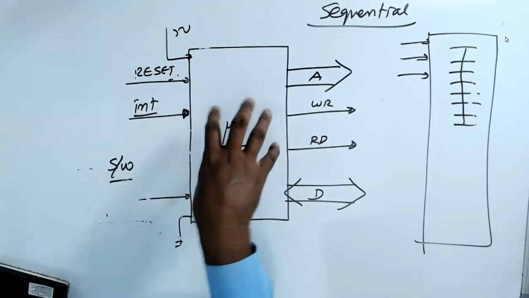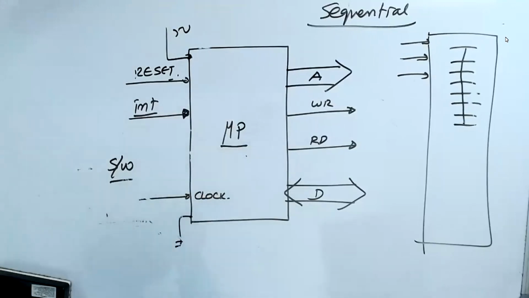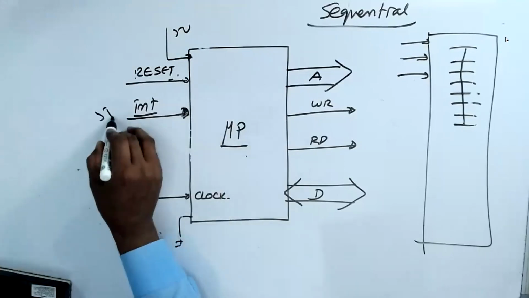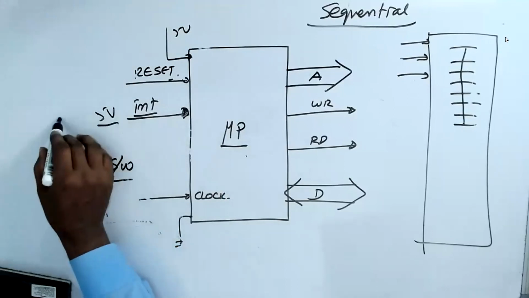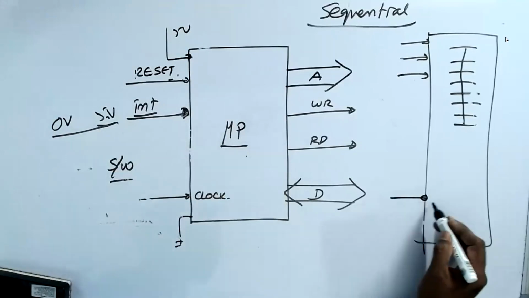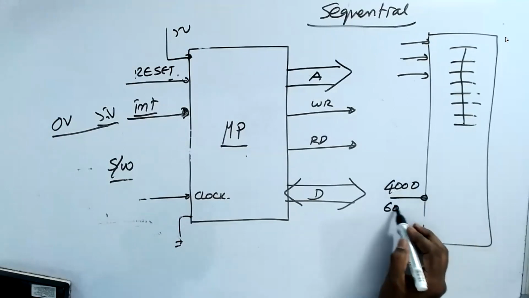Every microprocessor manufacturer tells you that when you get this signal here, 0 volt to 5 volt, the microprocessor goes to a specific location, maybe 4,000 or 6,000, whatever it is.